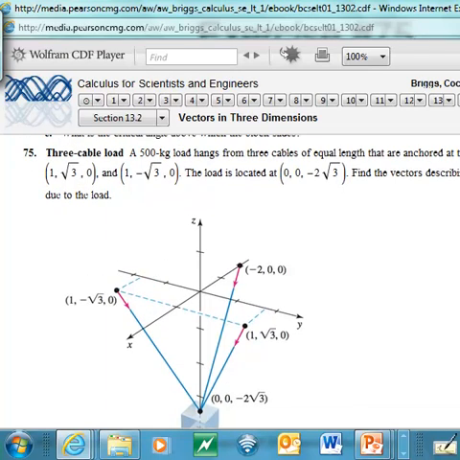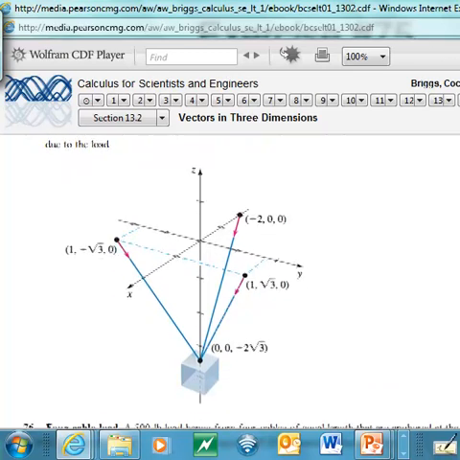We have problem number 75. And we're going to take a look at how we could use three-dimensional vectors to sort out this sort of problem here. So here we've got some sort of grid on the XY plane, anchor points for cables.